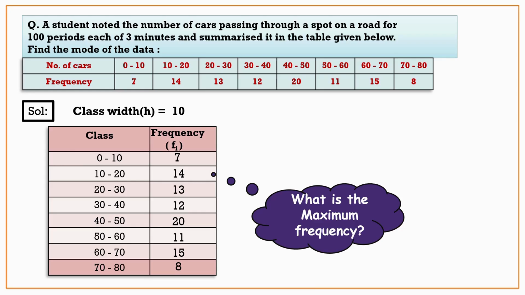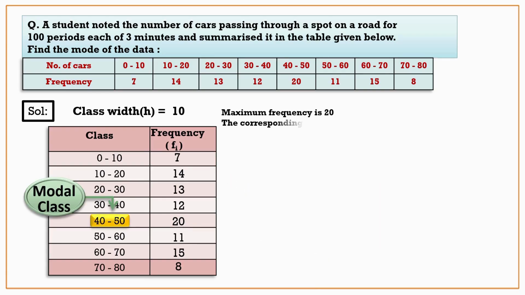So now here we need to check what is the maximum frequency, because that is going to be the F1 as well as the modal class. So here we can see that 20 is the maximum. So that will be treated as the F1 and the corresponding modal class will be 40 to 50.